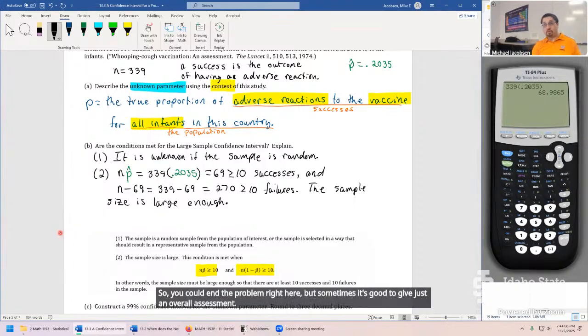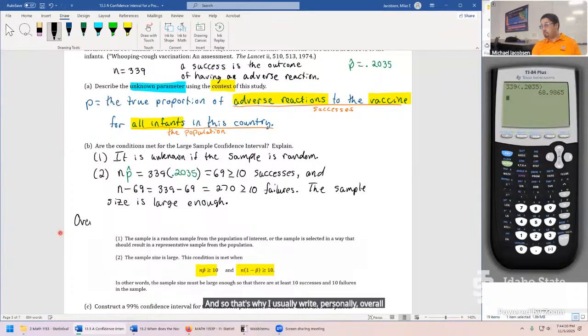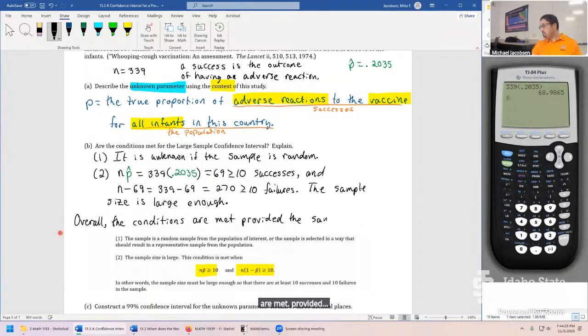And so that's why I usually write personally, overall, the conditions are met, provided the sample was random.